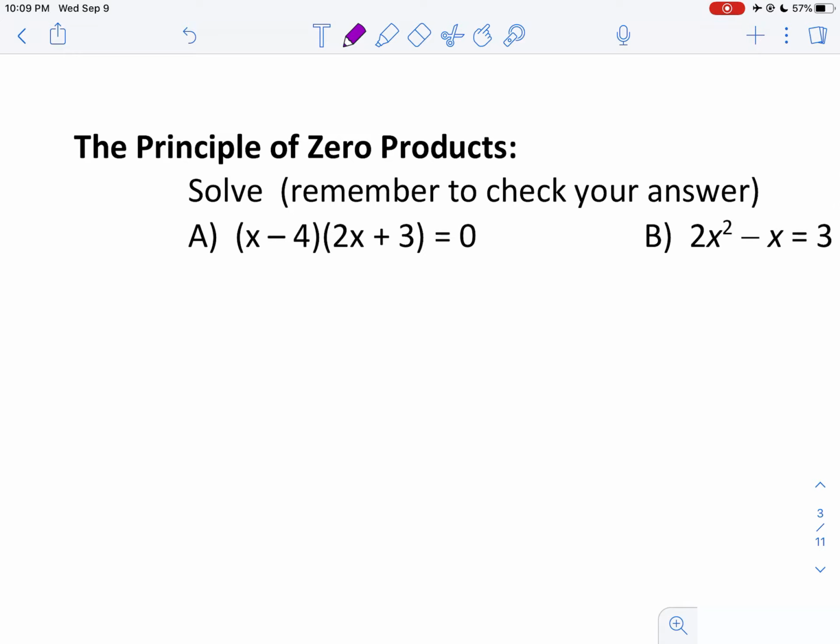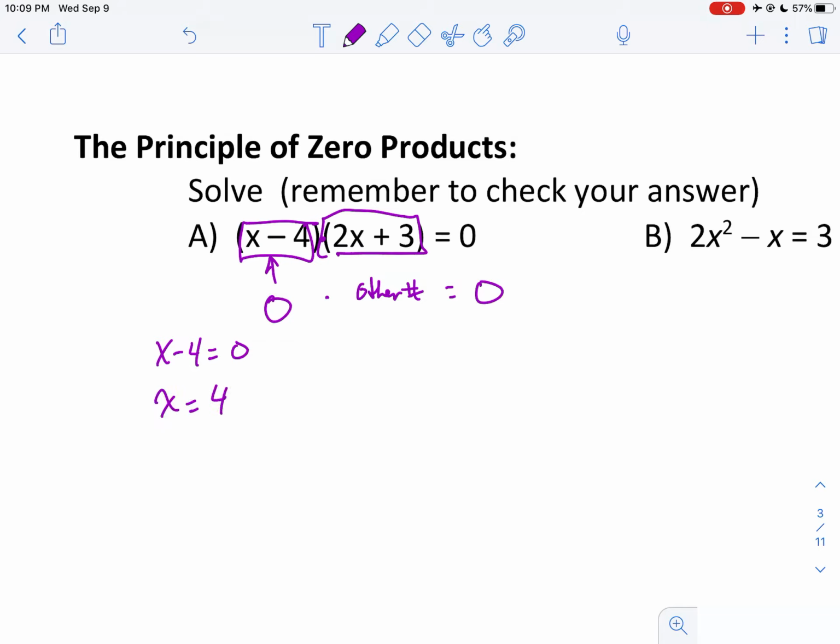Imagine that this number right here is 0. What is 0 times any other number here? It's 0, right? So let's think about it. How could we make x minus 4 equal to 0? When would that happen? Well, that would just happen when x was 4, right?